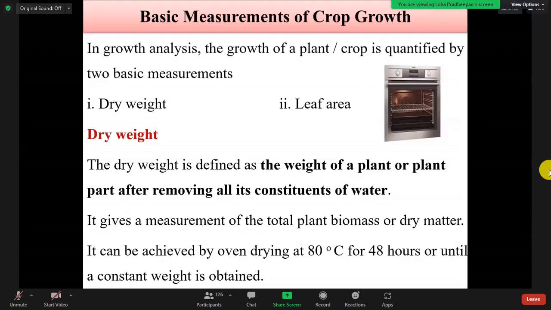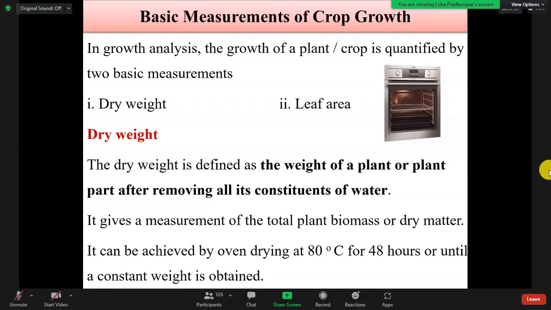If we keep the plant sample at 80 degrees centigrade, normally in the range of 60 to 80 degrees centigrade depending on the crop, commonly 80 degrees centigrade for 48 hours, that is 2 days, we can keep it to obtain the dry weight, or until we get a constant weight.